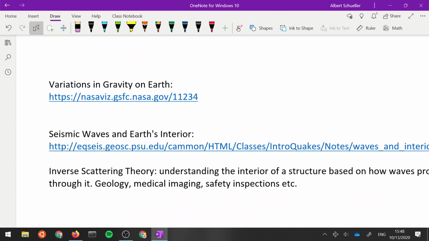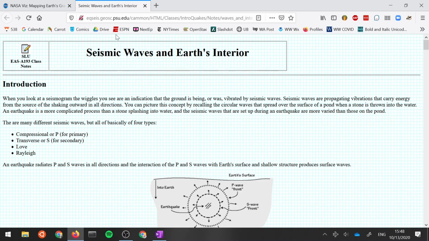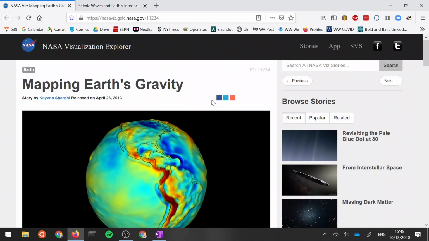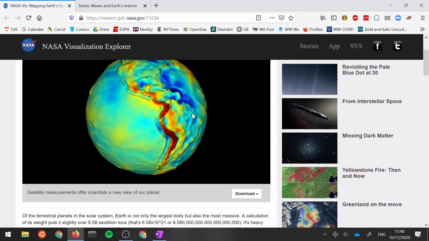There are a couple of different approaches, and they all get glued together to paint this massive picture. One is mapping the Earth's gravity. We can get a sense of what's beneath the Earth's surface by studying the force of gravity on the surface. And you might think, oh, the force of gravity on the Earth's surface, 9.8 meters per second squared everywhere, right?